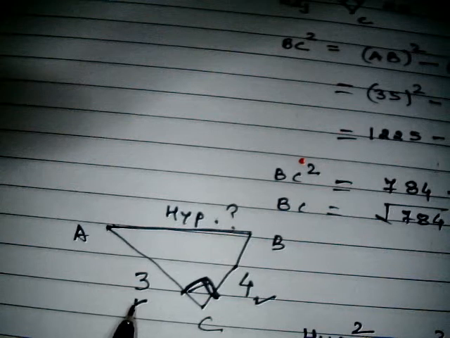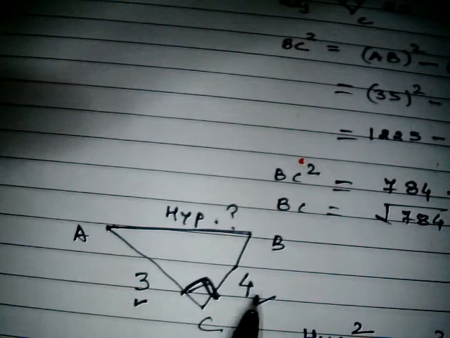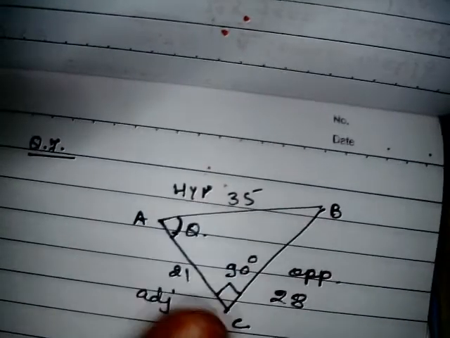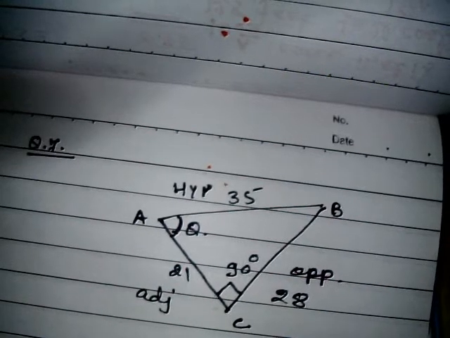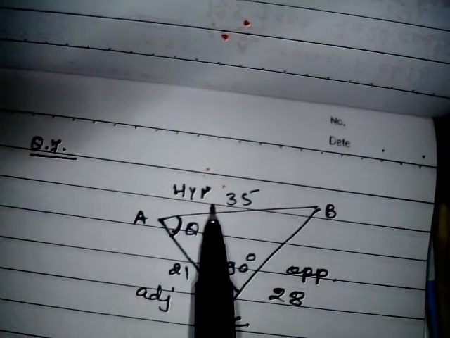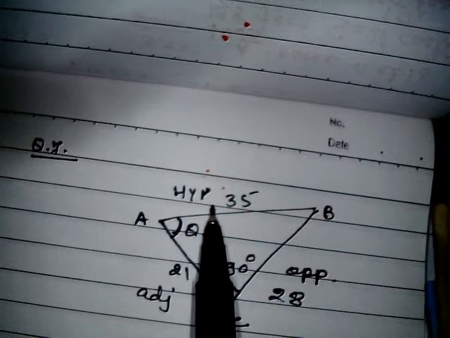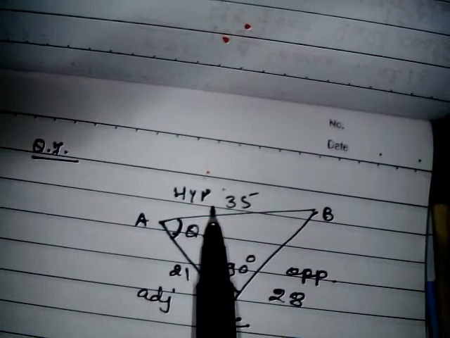If the hypotenuse is given, like in this case, question number 7, and one side is given, either opposite or adjacent, then hypotenuse square minus the side which is given will give you the side which you need to find out.